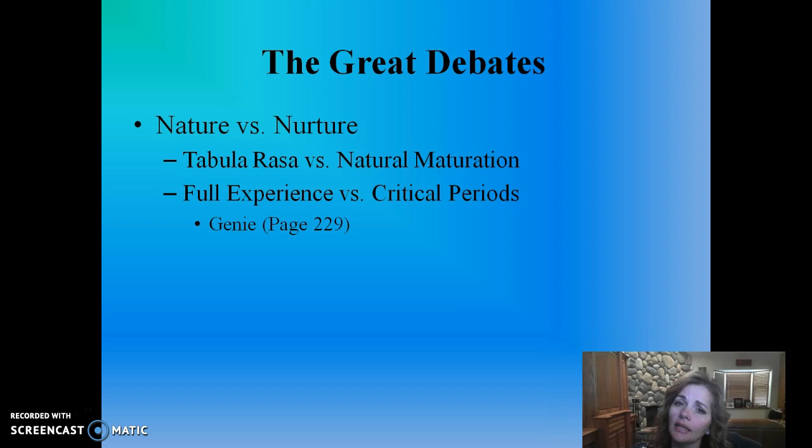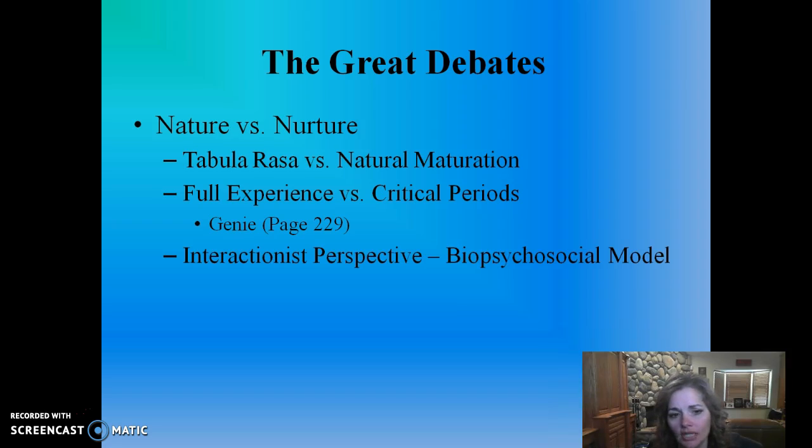Her father didn't allow anybody to use language with her in a normal manner, so she was only exposed to animal sounds and grunting. She never developed full language skills, even after Child Protective Services came in and she was removed from the home, her father went to jail, and she received intensive therapy and was a topic of great research. And yet, she was never able to fully develop those language skills.